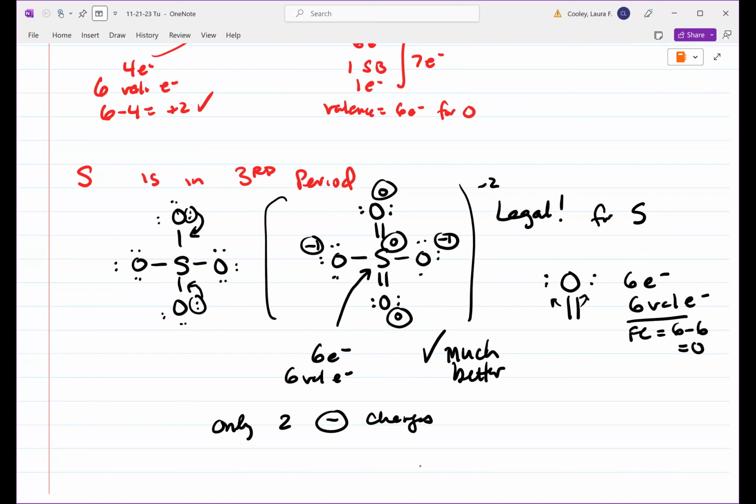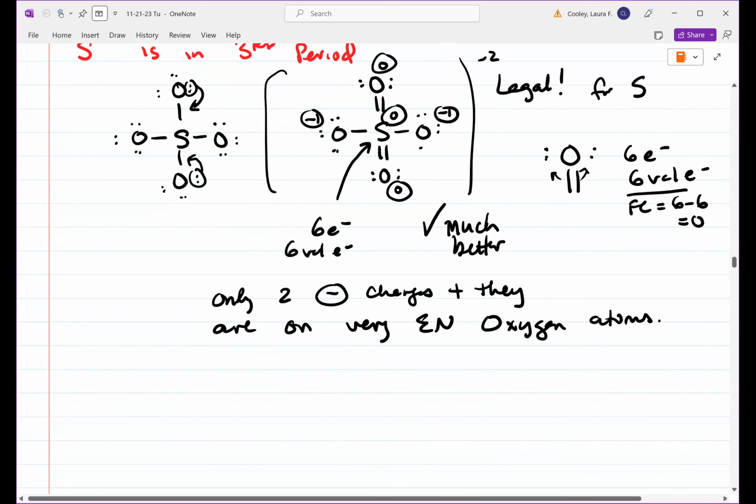Okay, only 2 negative charges. And what's the other thing about where they are? They are on very electronegative oxygen atoms. And oxygen atoms are pretty okay with a negative formal charge.